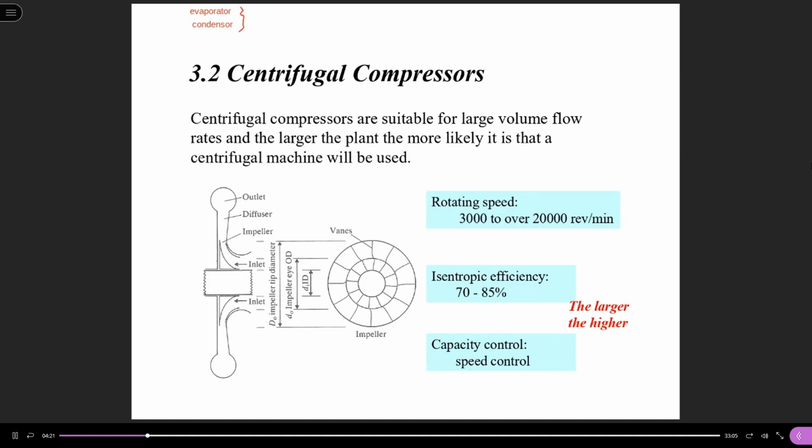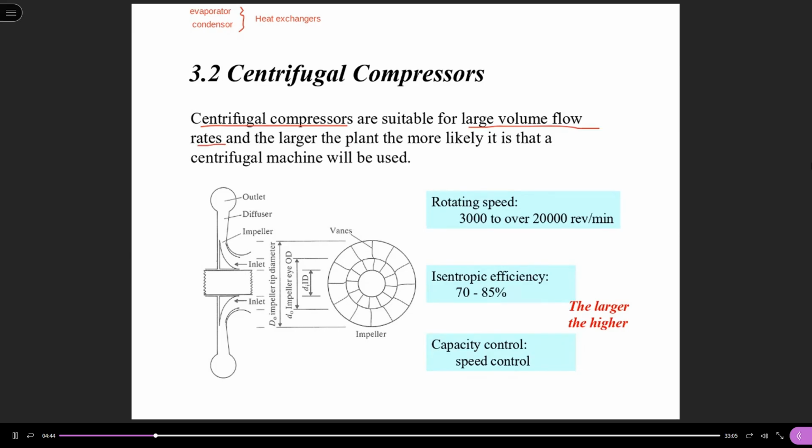For the centrifugal compressor, we know it's an energy transfer from the angular momentum to the temperature and pressure rise. And usually, a centrifugal compressor is suitable for large volume flow rates.